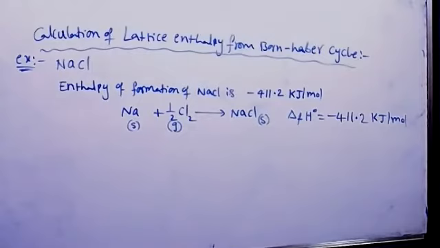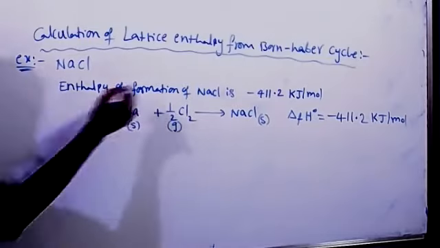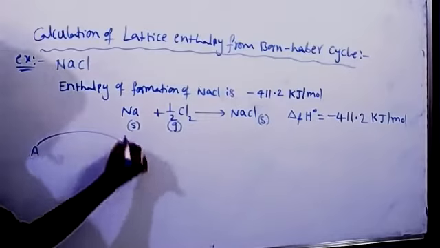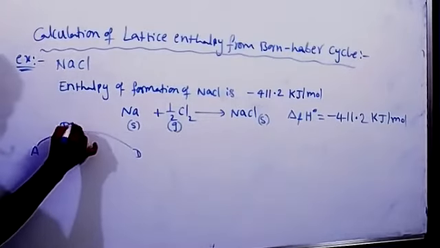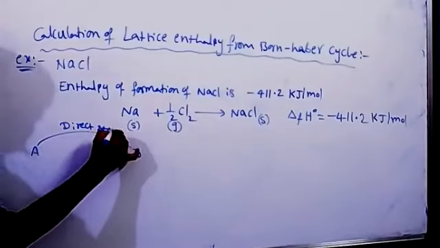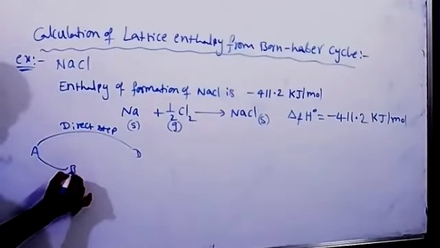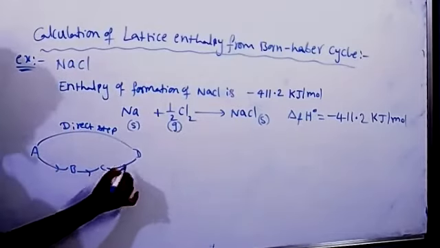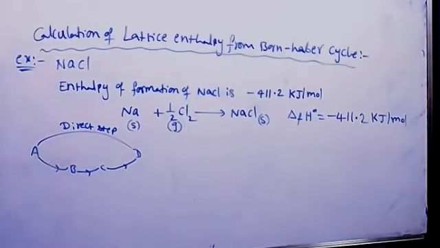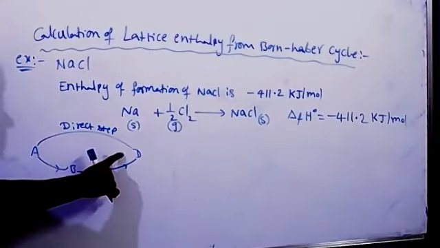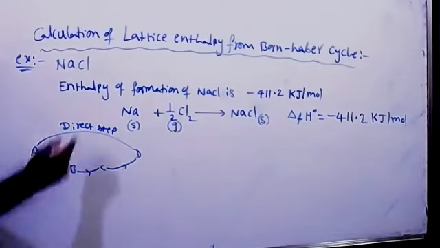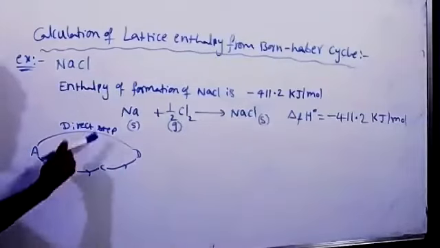Actually, this Born-Haber cycle follows Hess law. Hess law means, suppose A is a reactant and we get product D. This is a direct step. But if A is converted first to B, then B to C, and finally C to D, then according to Hess law the enthalpy change in the direct process is equal to the sum of the enthalpy changes in the individual steps. The Born-Haber cycle follows the Hess law concept.